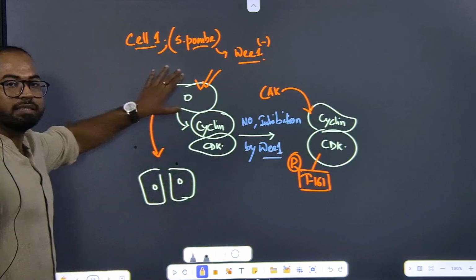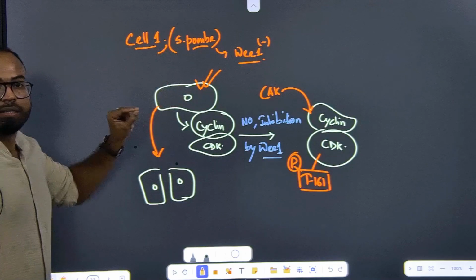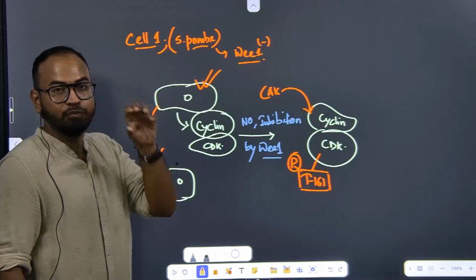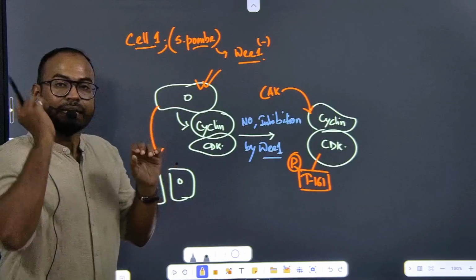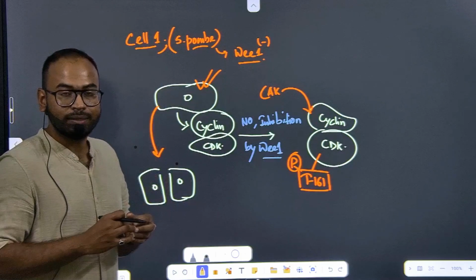So in this Saccharomyces pombe cell, where V1 is absent or mutated, what is the function of V1?